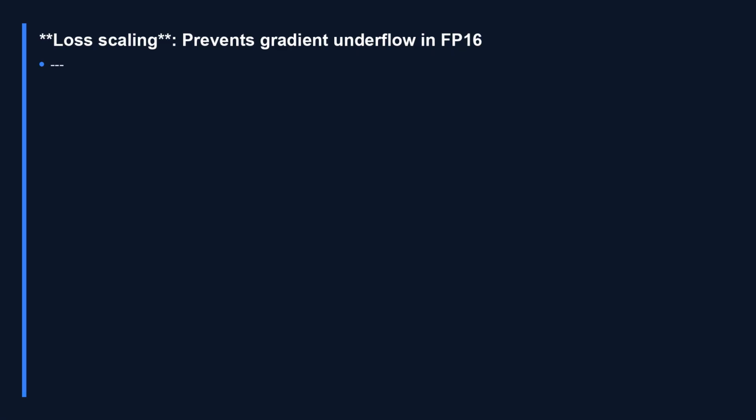Loss scaling is the mechanism that keeps FP16 training numerically stable. Gradients in neural networks are often so small that FP16's limited range rounds them to 0 before they can update any weights. The scaler multiplies the loss by a large factor before backpropagation, which pushes those tiny gradient values into a range FP16 can represent.